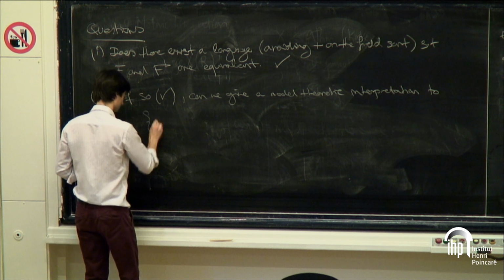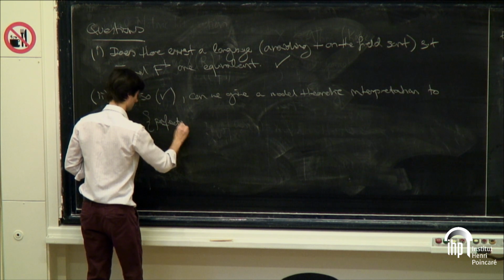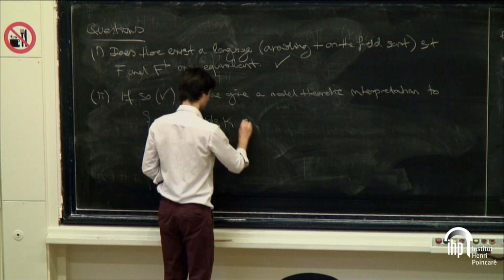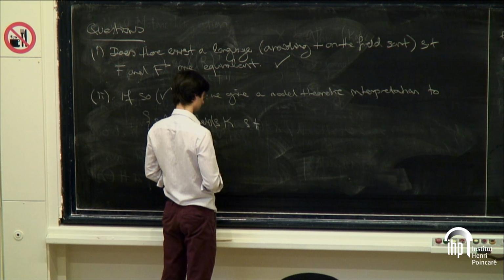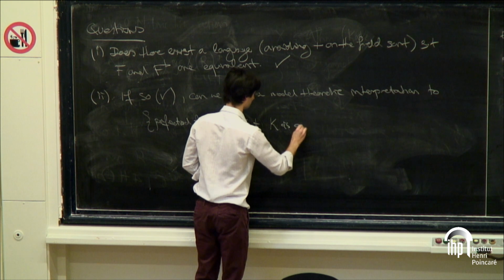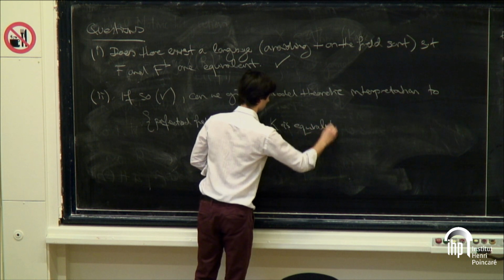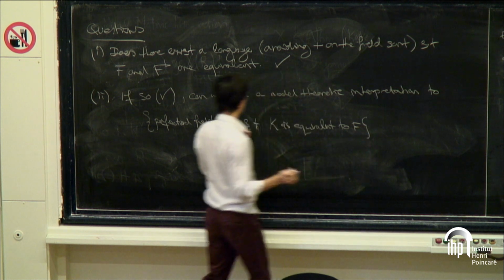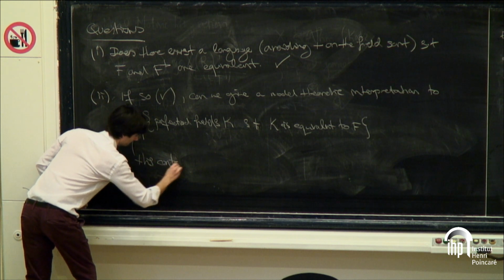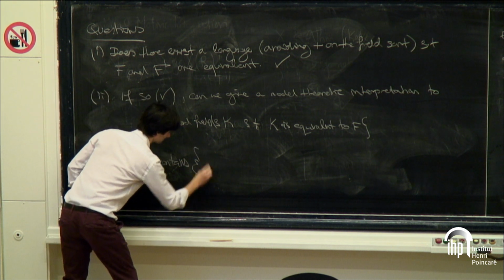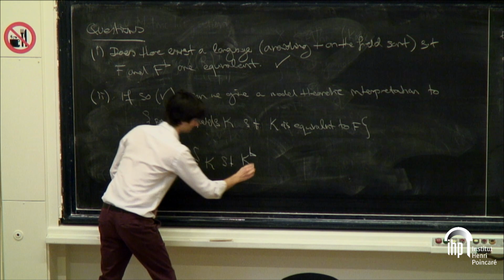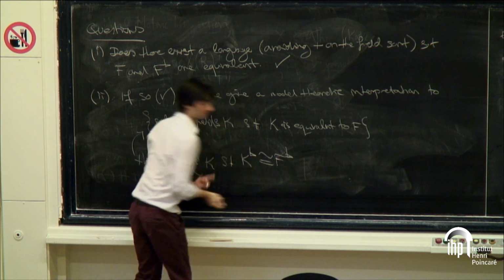Let me take the set of perfectoid fields K such that, well, let me continue the theme of the first question and just write such that K is equivalent, in whatever sense this means, to F. But what I'd really be interested in is something a little bit smaller, so I can look instead at perfectoid fields K with the property that their tilt is even isomorphic to the tilt of F.